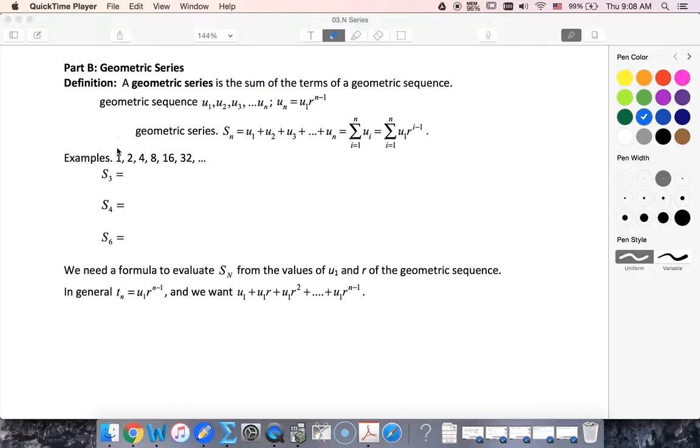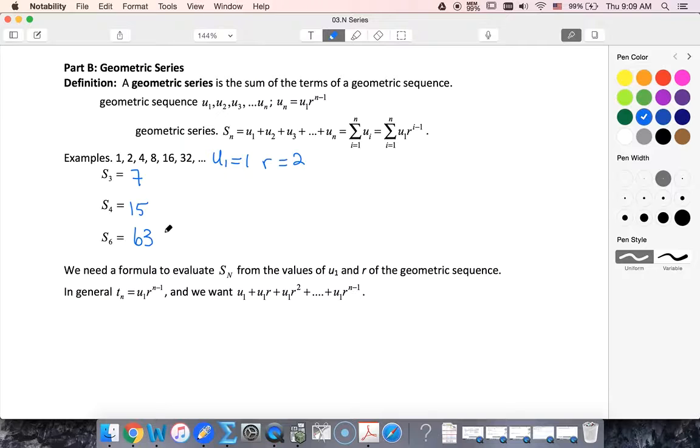So let's look at, again, this basic one. We've got a u1 of 1 and our r value is 2. So the sum of the first 3 terms, I'm going to get 7. Sum of the first 4 terms is 15. And then I would get 31 and then 63.